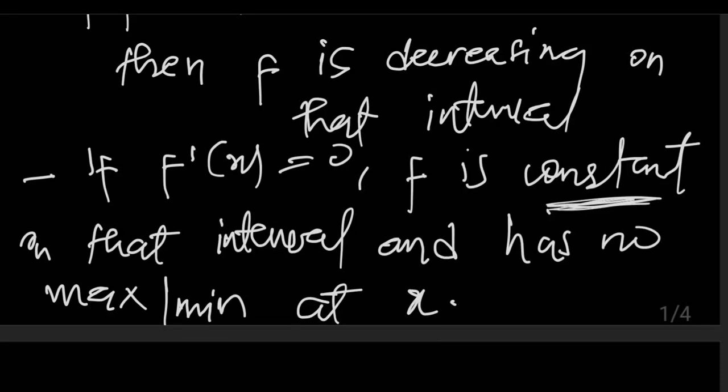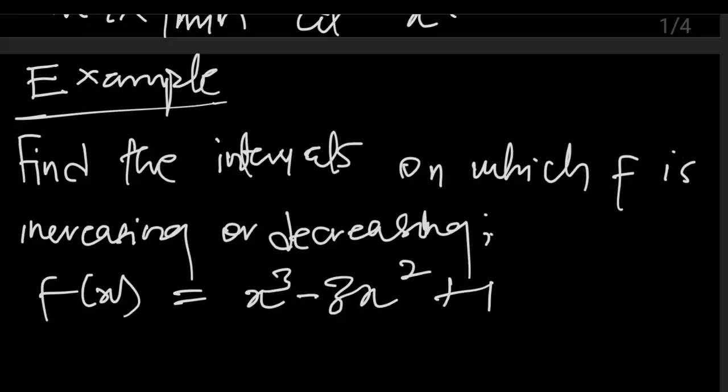So let's try some examples. The question says we have to find the intervals on which the function f is increasing or decreasing, and the function is f of x equals x cubed minus 3x squared plus 1.